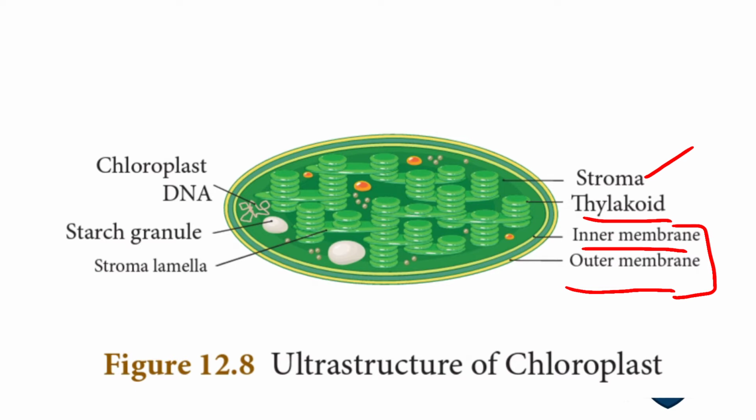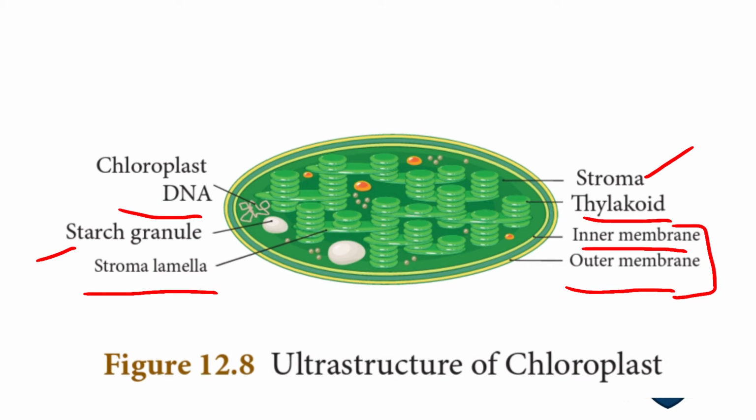You can see a starch granule where the starch is stored, and the chloroplast DNA. You can see the connection between the two thylakoids, here and here. That is called stroma lamella.